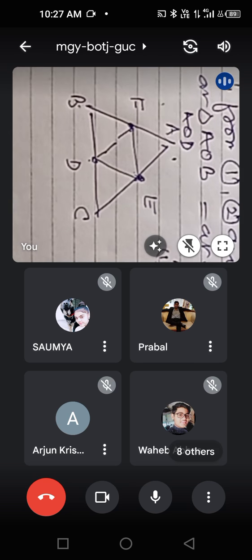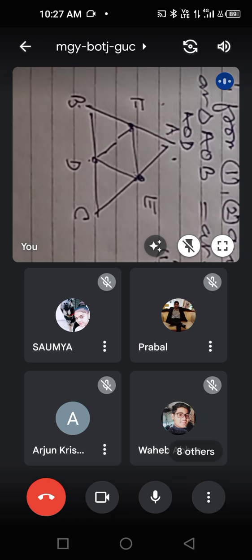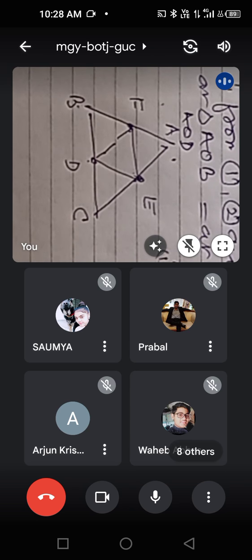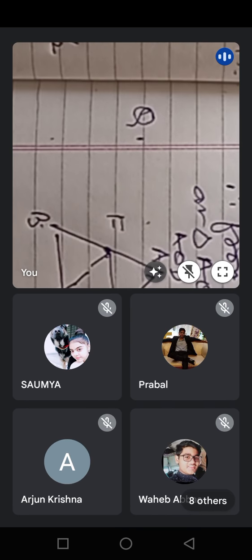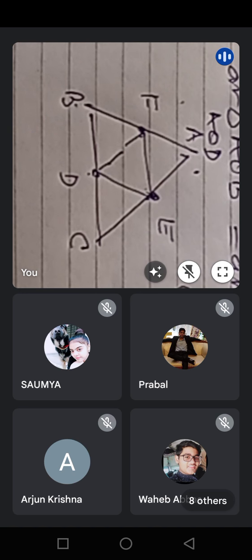Next part is there, one more part in this question, the last one. It says area BDEF is equal to half the area of this triangle. So area BDEF is equal to what? Two triangles are there, both are equal in areas.